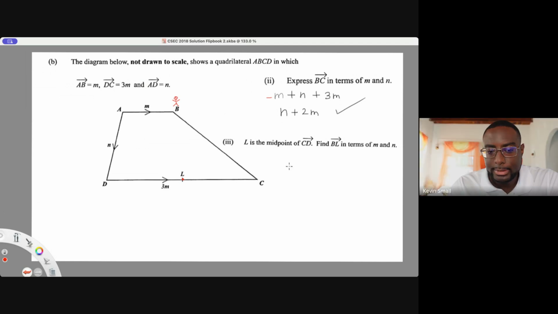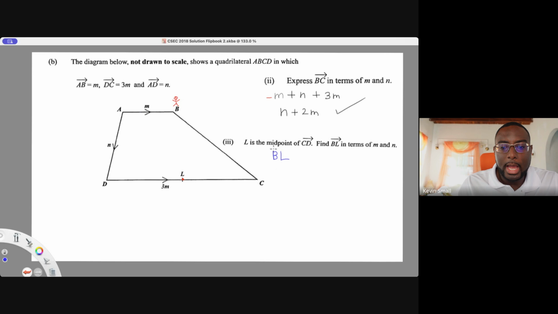Now, remember, there's some formula I gave you all before. If you want to work out B to L, I could split this into two vectors.